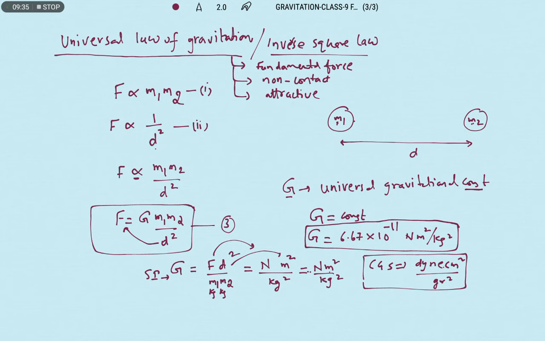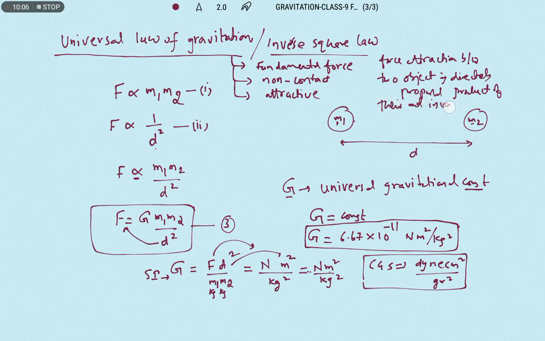Okay, so what is the universal gravitational law? The statement of the universal gravitational law: the force of attraction between two objects is directly proportional to the product of their masses and inversely proportional to the square of the distance between the bodies.